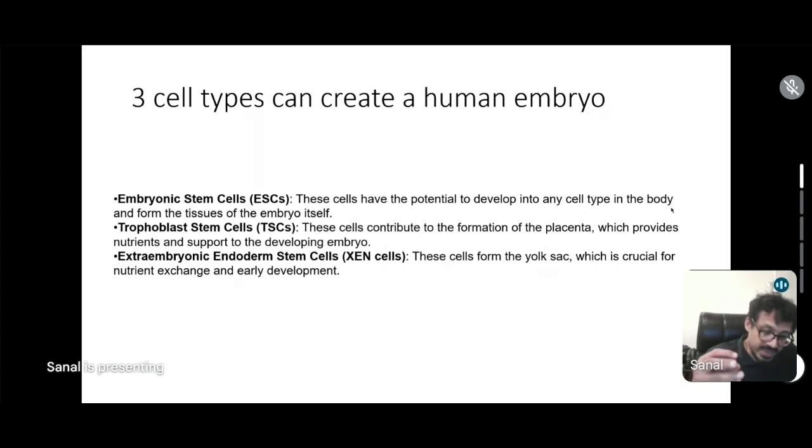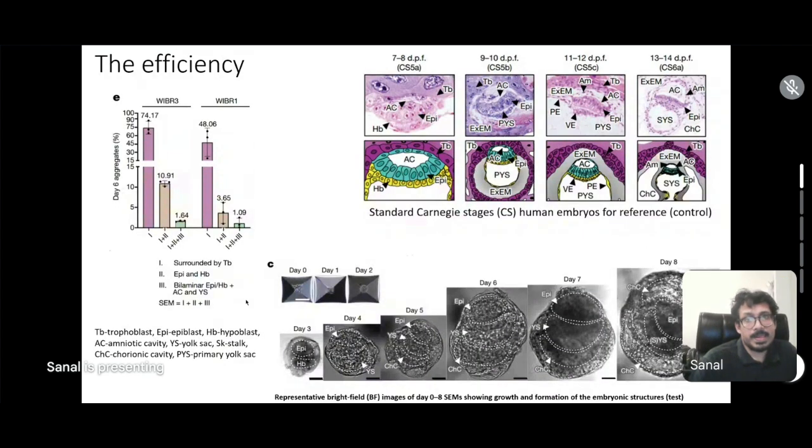So, if you can edit these cells, I mean, from pluripotent stem cells, you can make all the three types of cells. Pluripotent stem cells have different states. One state is called a naive pluripotent stem cell. The naive pluripotent stem cells can be converted to embryonic stem cells, trophoblast stem cells, and extraembryonic stem cells. So if you can edit the naive pluripotent stem cells, you can make an entire organism which is gene edited. And that is the future.